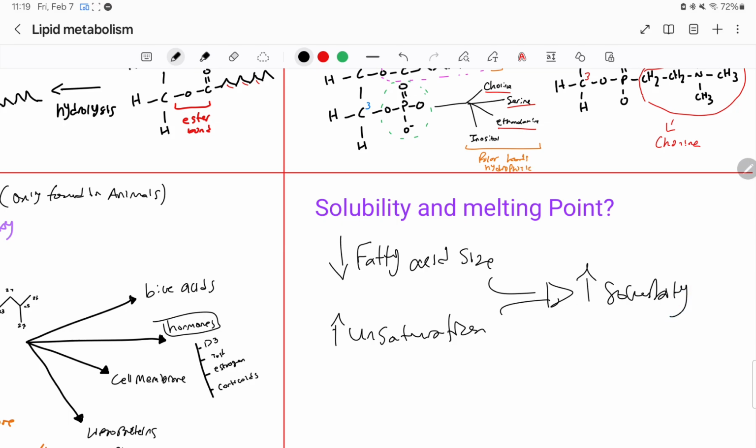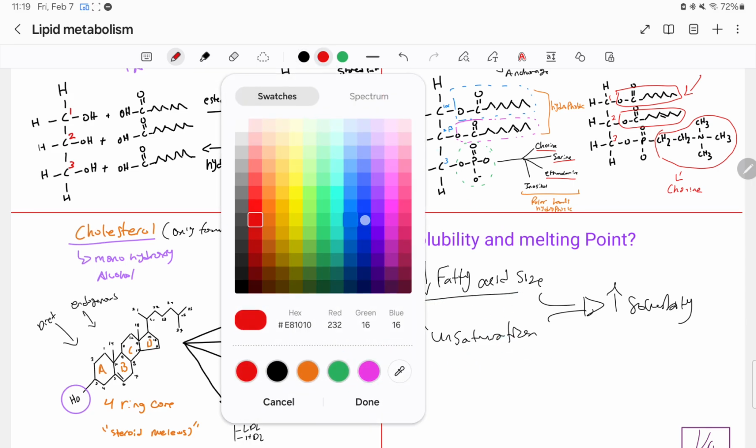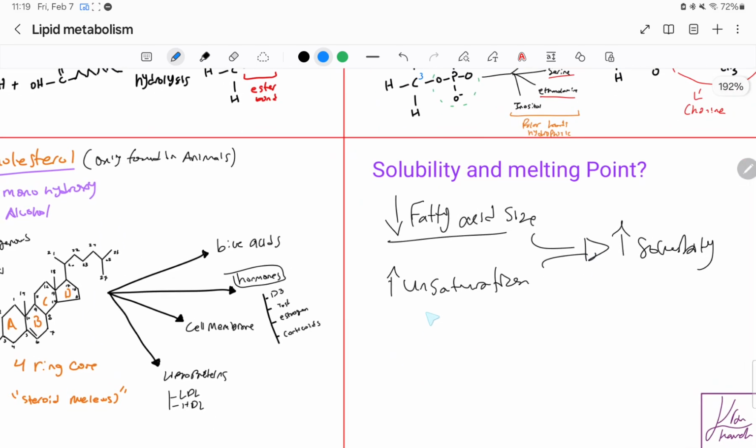This actually has a reason. So the lower the size and the higher the unsaturation. One thing you got to know is that the more double bonds I have, the more polar I make that molecule. If it's more polar, that means that it's more soluble in water because water is polar.